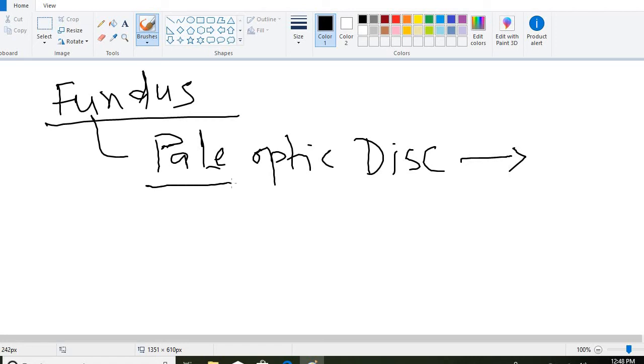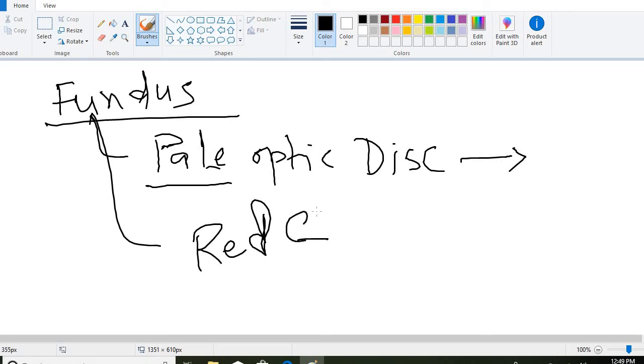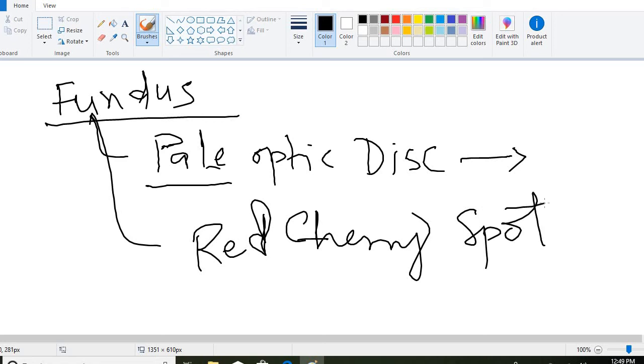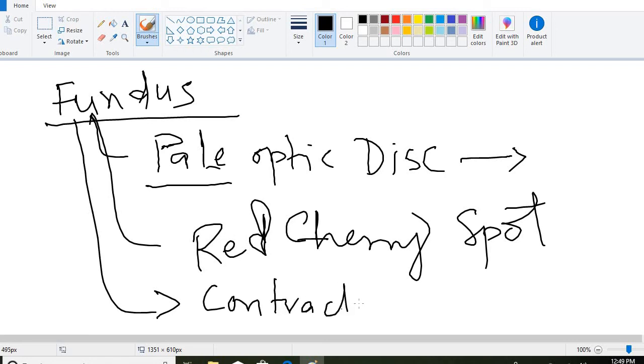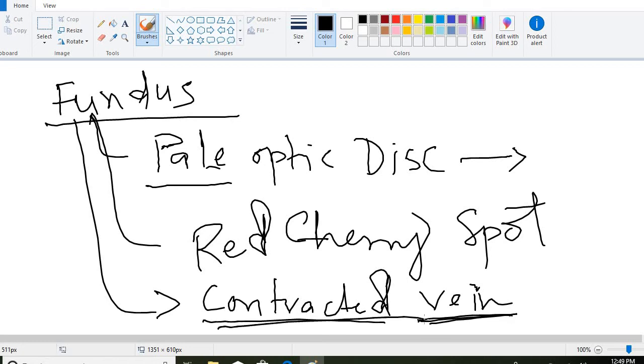Another finding is the cherry red spot. Observation: cherry red spots on the retina and contracted veins, because no blood is coming into the eyeball and there is less return from the eyeball, resulting in contracted veins.